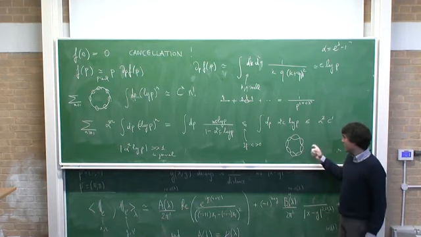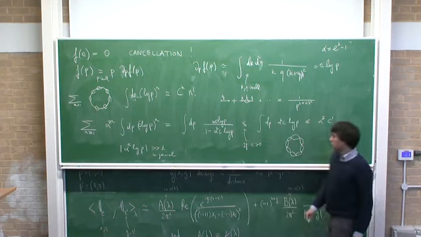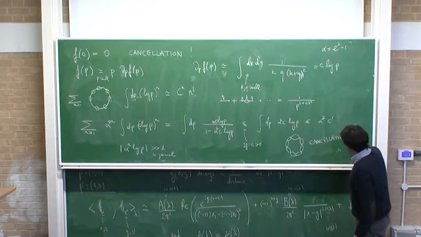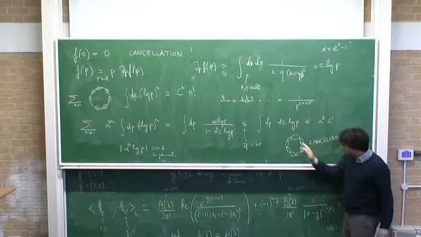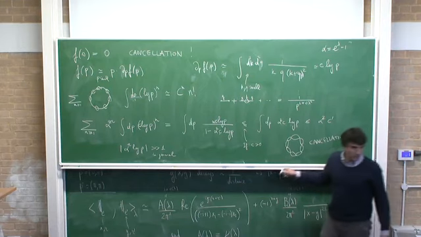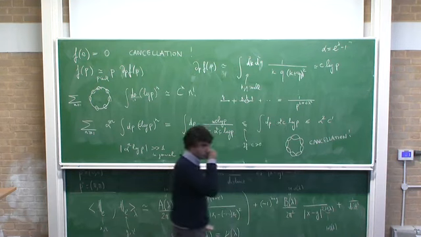So a priori this produces other log p to the n factors. The good thing is that there is a cancellation also here, that shows that even if a priori this is log p to the m, it's better than that. This is the vanishing beta function cancellation.